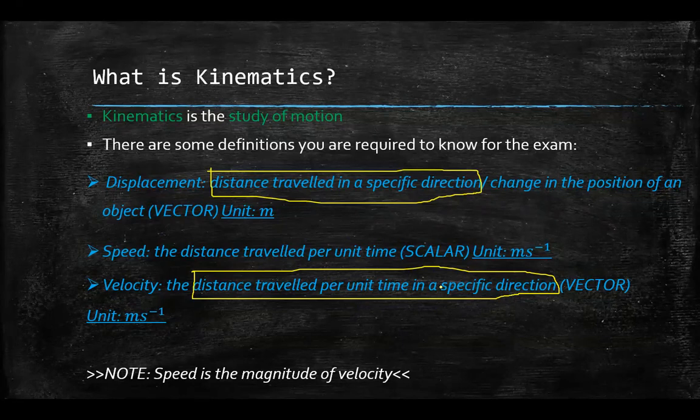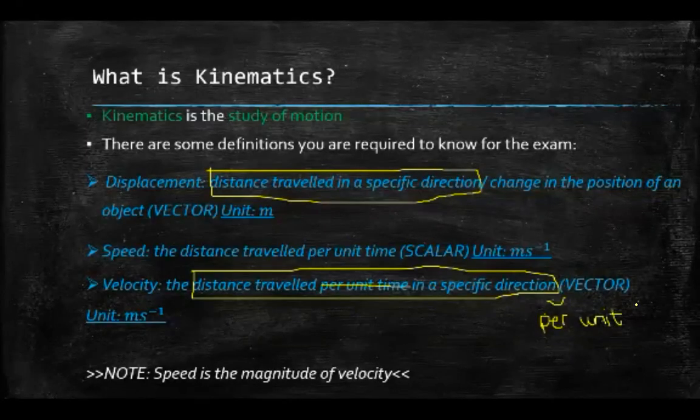So if I just rearrange these words a little bit, right? Let me just take off per unit time. And I said, velocity is the distance traveled in a specific direction. Then I put per unit time.